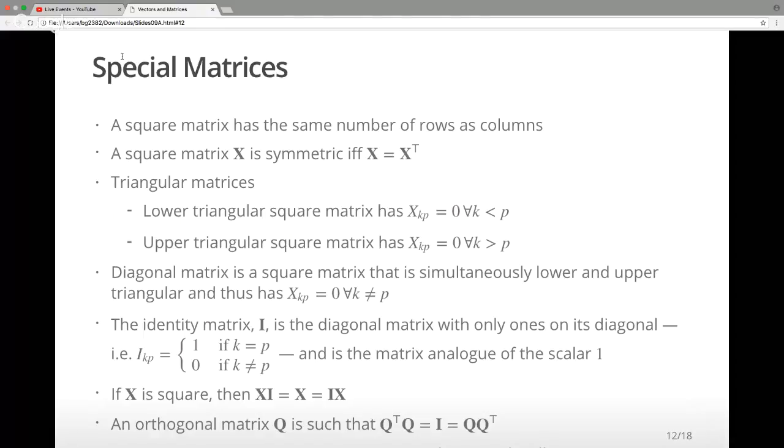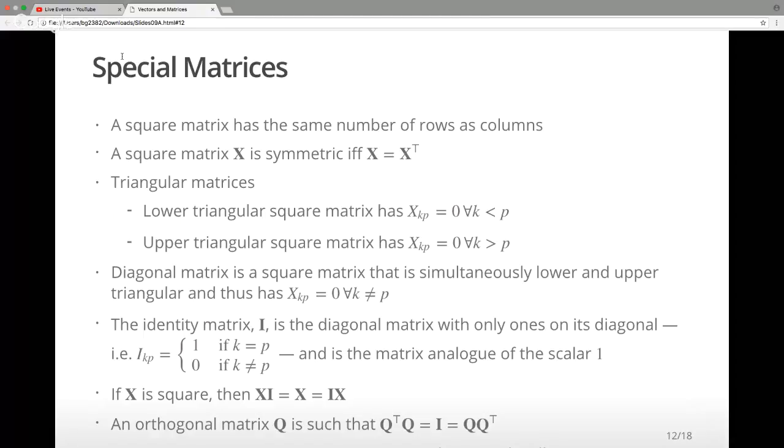It can have anything along the diagonal, it can have anything below the diagonal, but a lower triangular matrix has to have zeros in its upper right corner. Conversely, an upper triangular square matrix is going to have zeros whenever the row index is greater than the column index. So it's going to have zeros in its lower left corner. Anything on the diagonal, anything in the upper right corner, but it has to have zeros in the lower left corner.